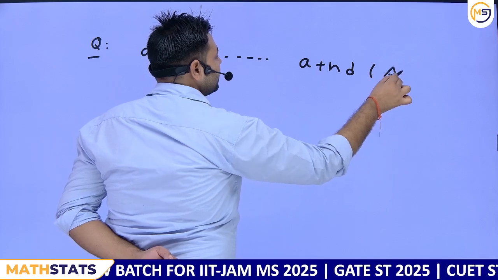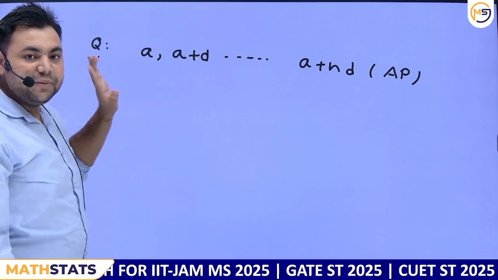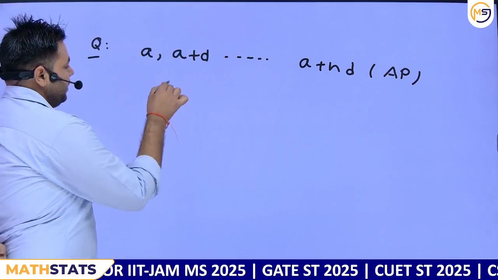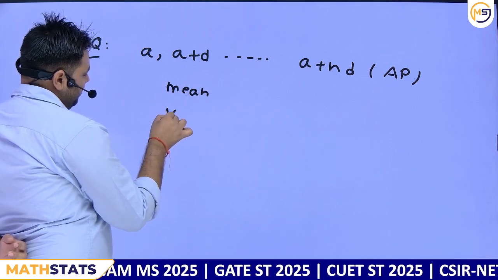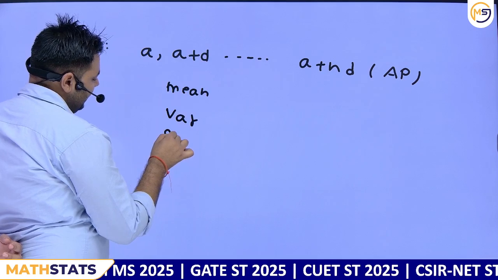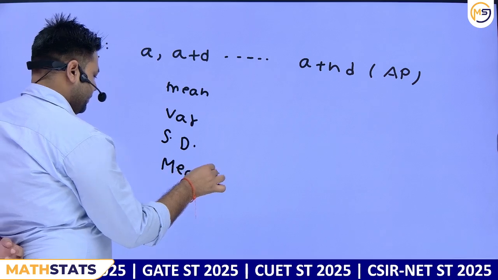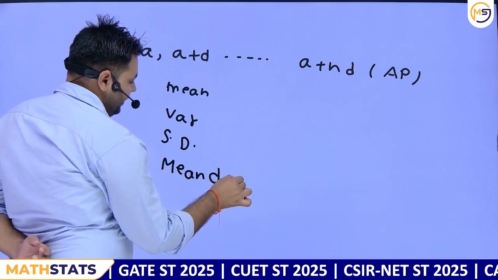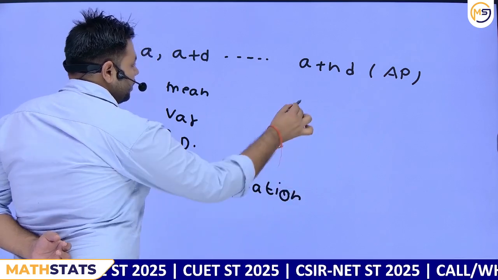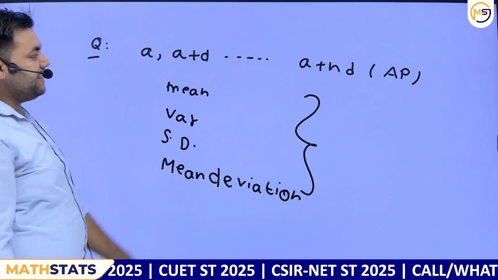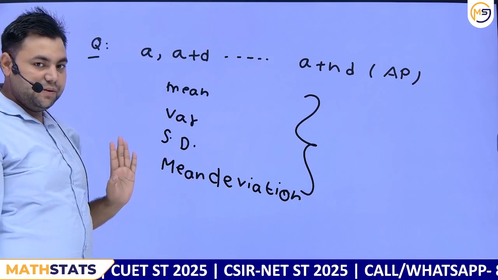So first find this AP series mean, variance, standard deviation and mean deviation.